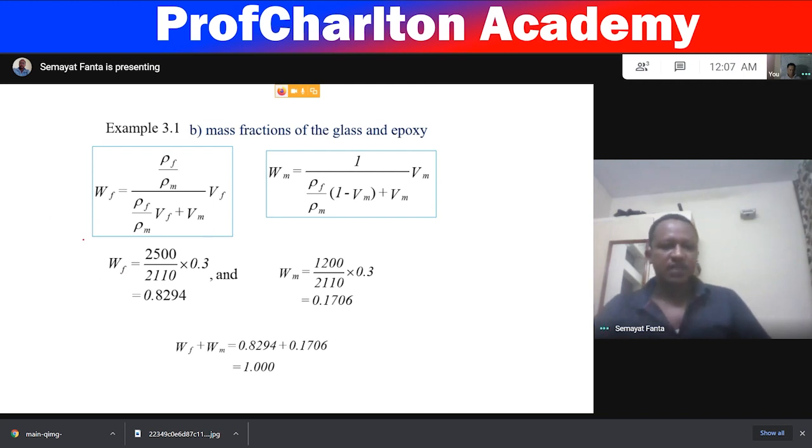So the weight fraction of fiber is 0.8294, and the weight fraction of matrix is given in this formula. The sum of the weight fraction of matrix and the weight fraction of fiber gives us 1.